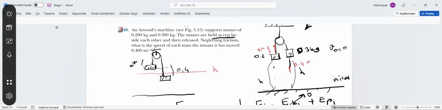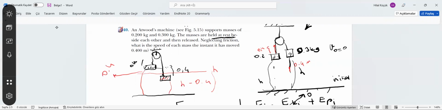Okay. Now I will do the same thing, but I don't want to lead you the wrong way. It will be H minus 0.4. See, that part is H. Total one is H. Just this object moves by 0.4 meter. This part, just 0.4, because it moves up by 0.4.